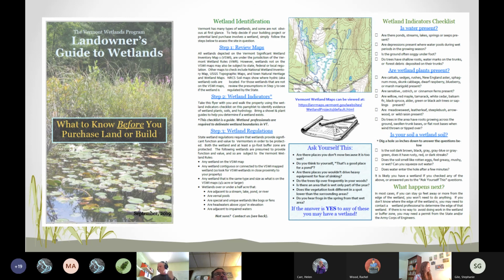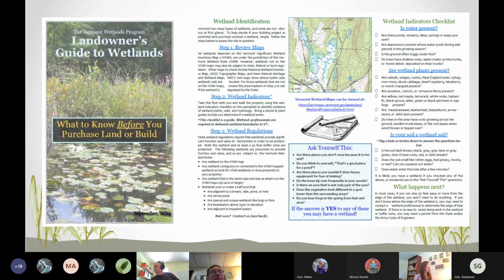What we do have is a landowner's guide to wetland that gives you an overview of how to maybe have your own little checklist in the field of whether or not this area might be wetland. So when people come to me and say, oh, we're able to mow this late summer, it must not be wetland, I'm like, why aren't you mowing it earlier? Well, it's too muddy and my lawnmower will get stuck, or my driving mower will get stuck.